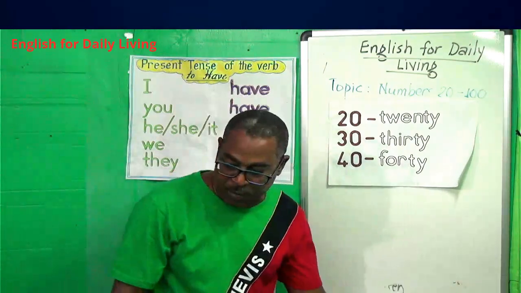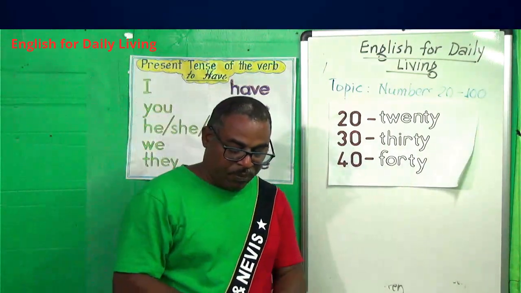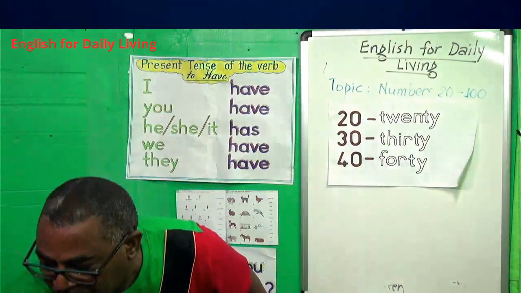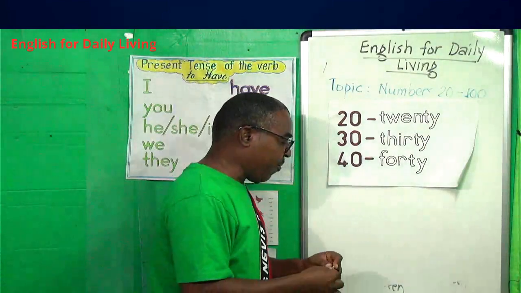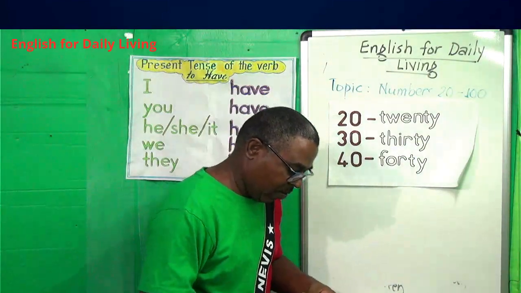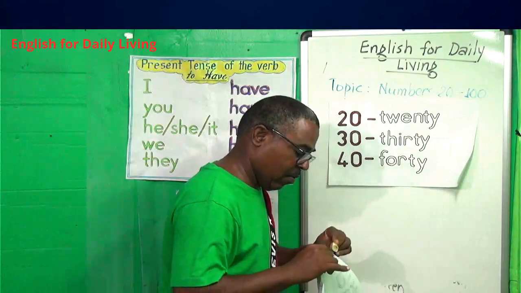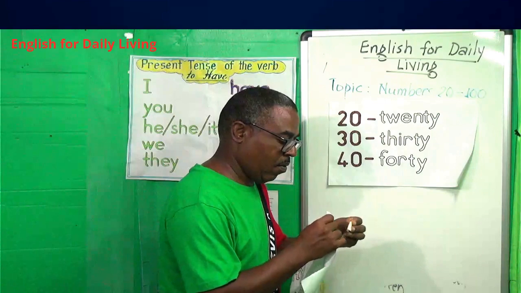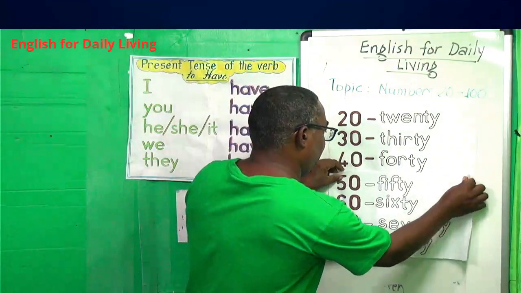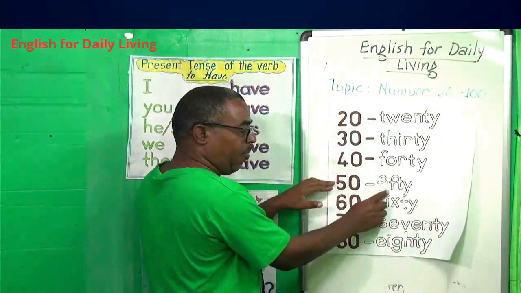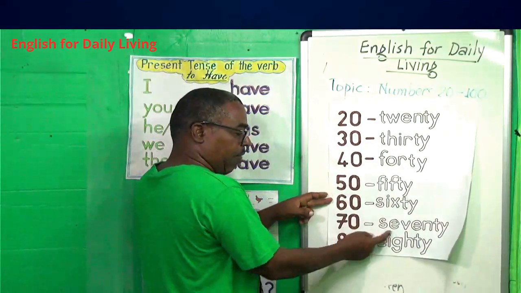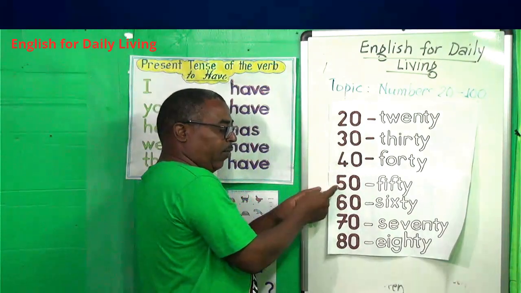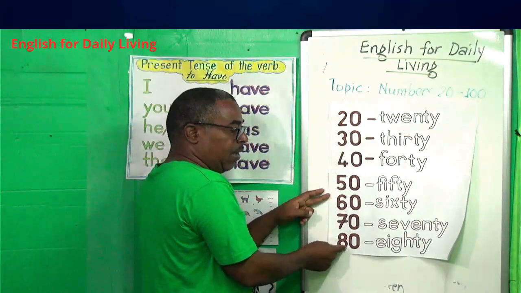Then we have 50 and 60. So we have 50, look at that. 5, FI, 50, 60, 70, 80.